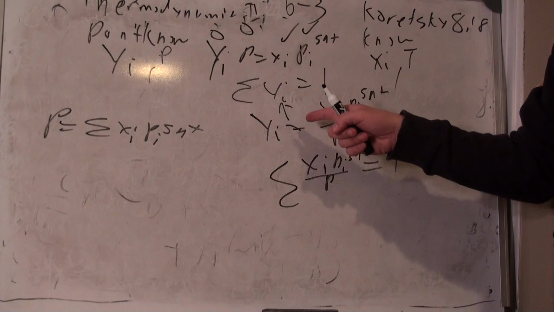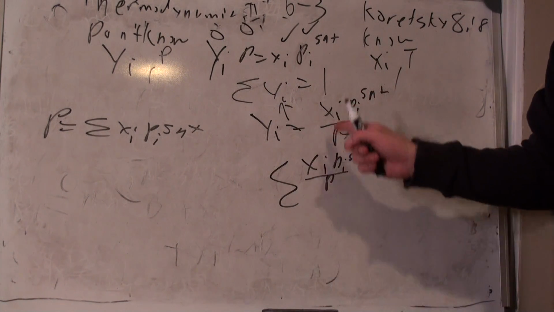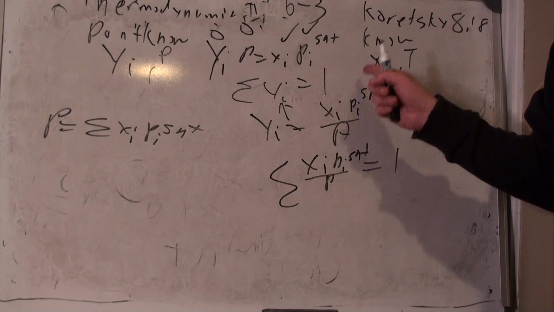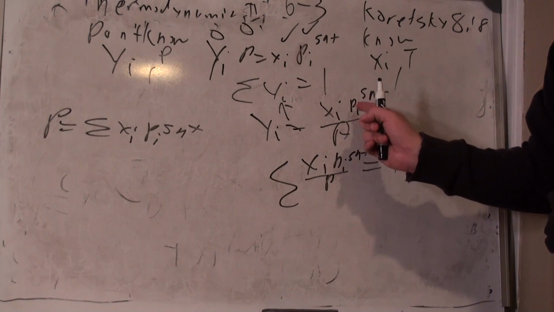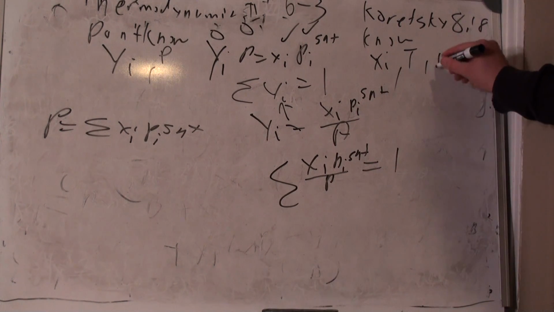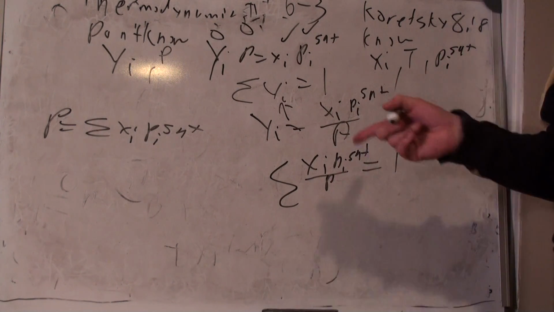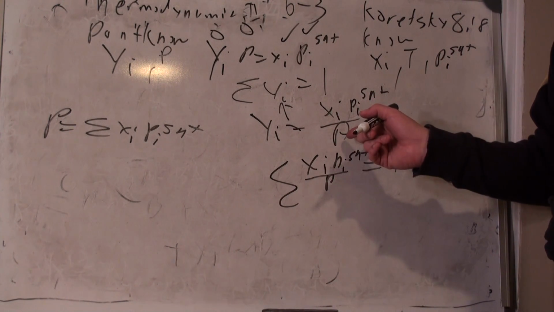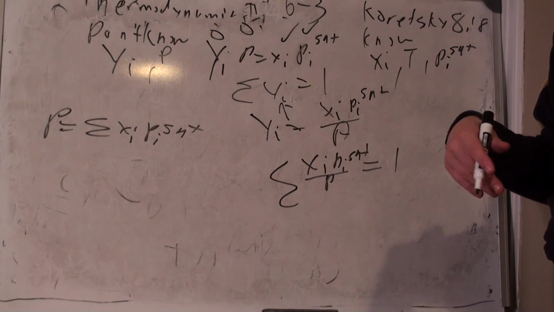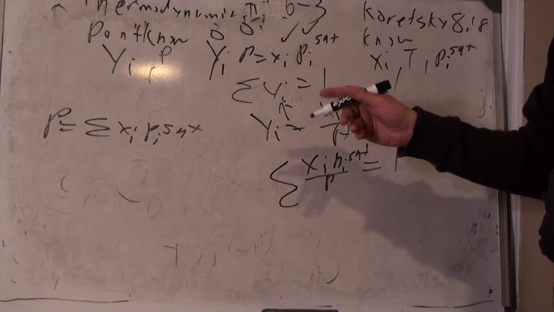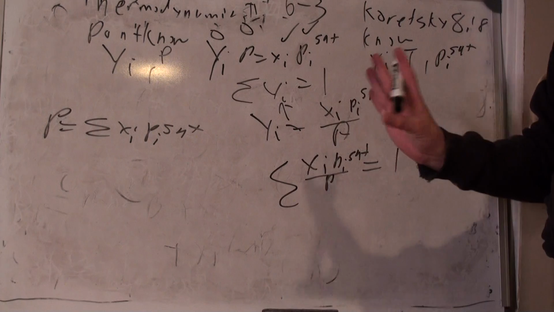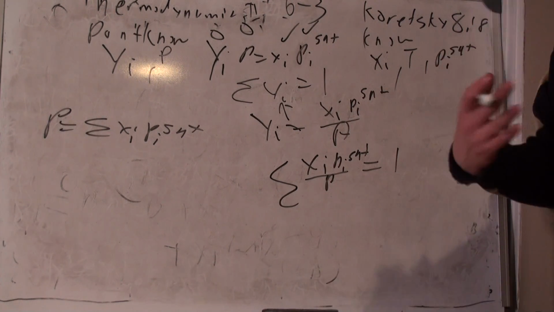Do I know xi? Yes, I do. Do I know Pi sat? Well, I know Pi sat because I know T. So yes, I do. Do I know P? No. Do I have a value for P? No. And so I don't know too many things.